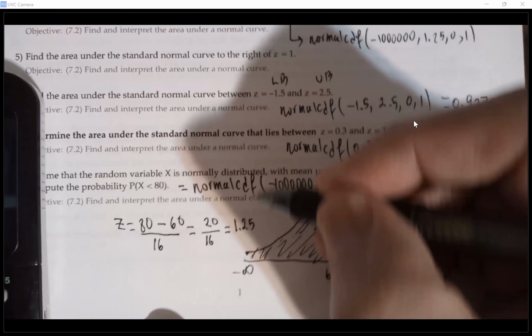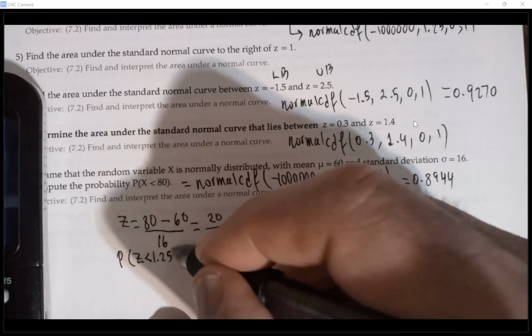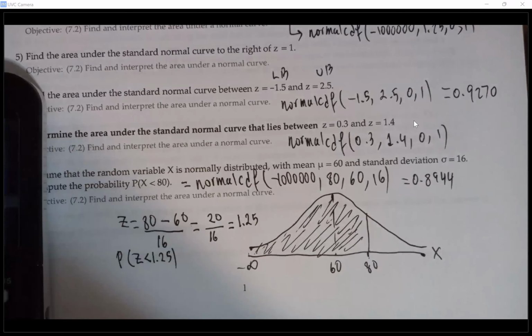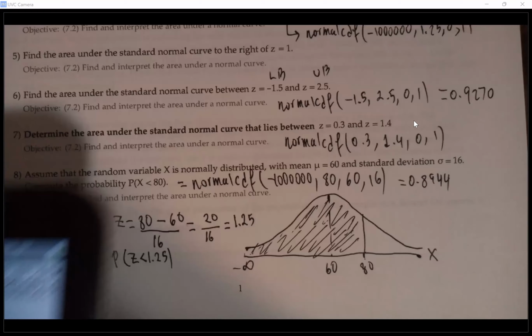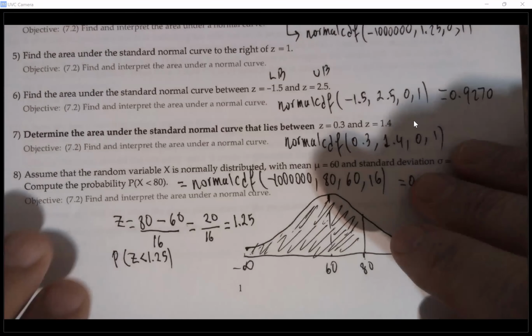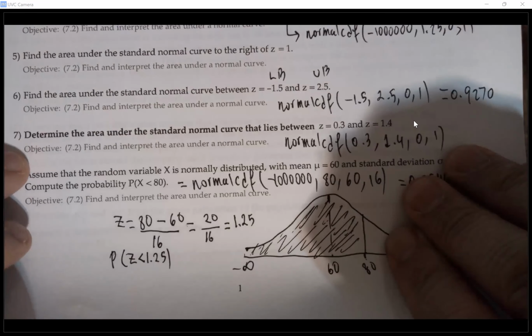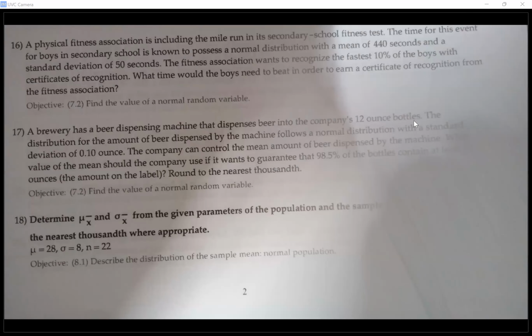And then you will have to go to the table to find the probability of z less than 1.25. And it should give you the same answer, 0.8944. But if you use technology, it's a lot faster, and you are allowed to use technology throughout. Okay, that's 7, 8. Let's go to exercise 9. And we'll continue from there.